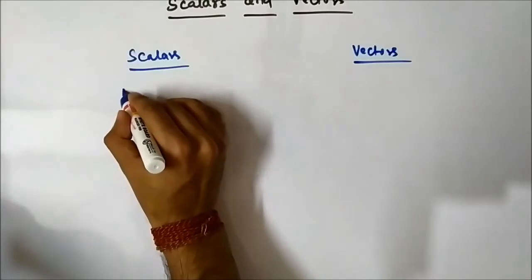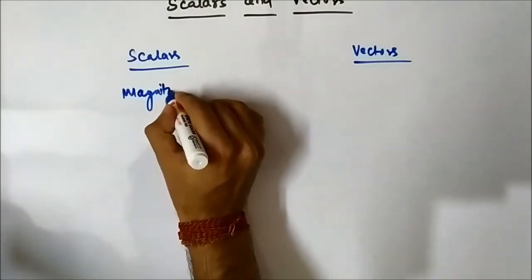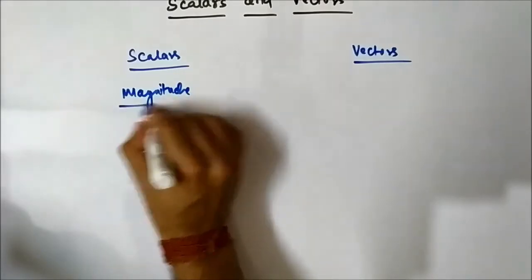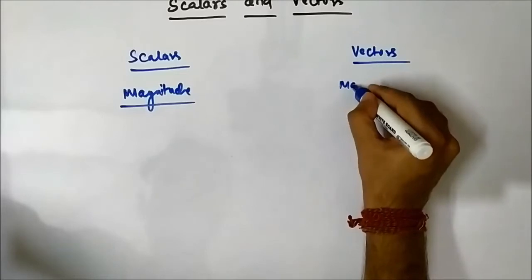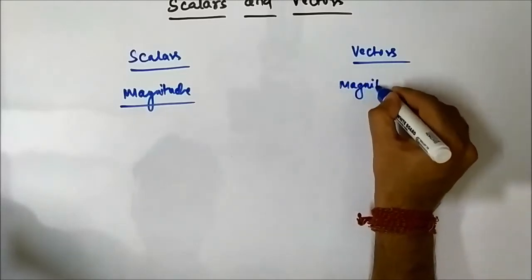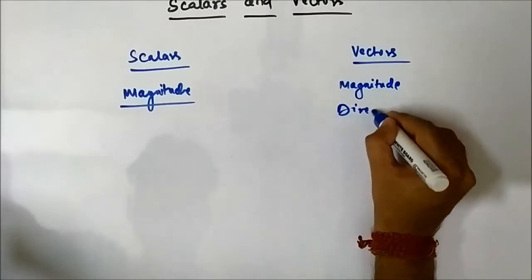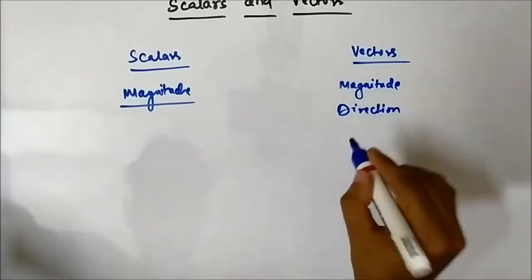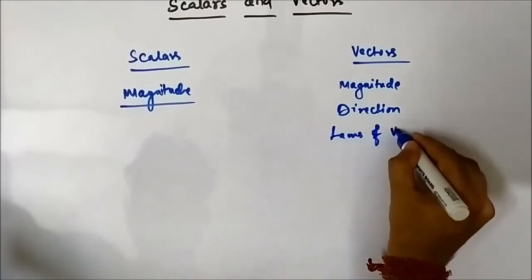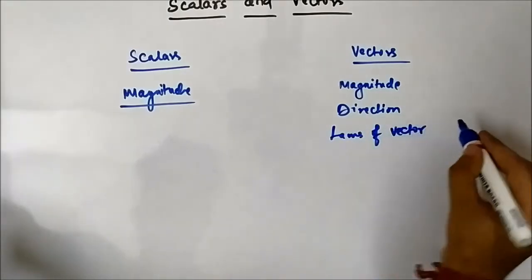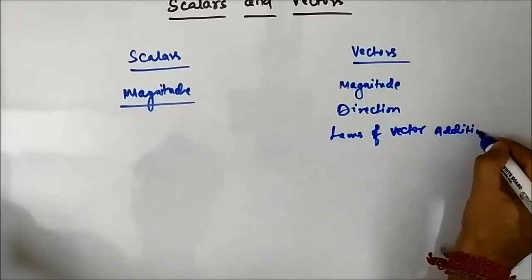Scalars are concerned only with magnitude, whereas vectors are concerned with magnitude, direction, and laws of vector addition. This was the main idea.